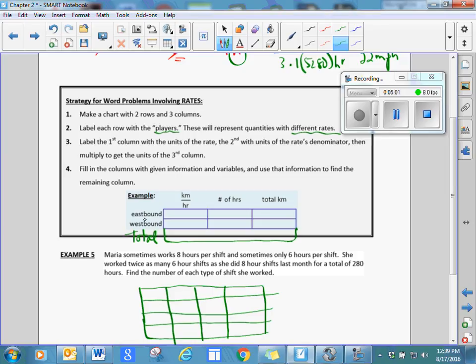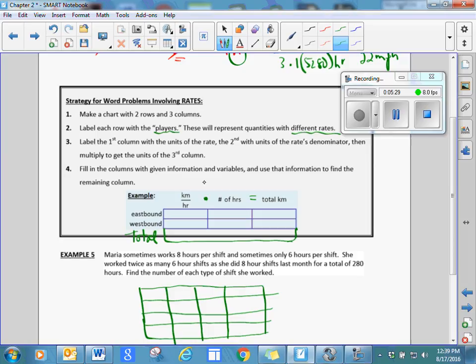So in this example, eastbound and westbound, and this is just a shell, but eastbound and westbound are my two different players, and they've each got their own rate, kilometers per hour. They've got a quantity, an amount of these hours, and ultimately you're going to always multiply these guys together to get you the total.